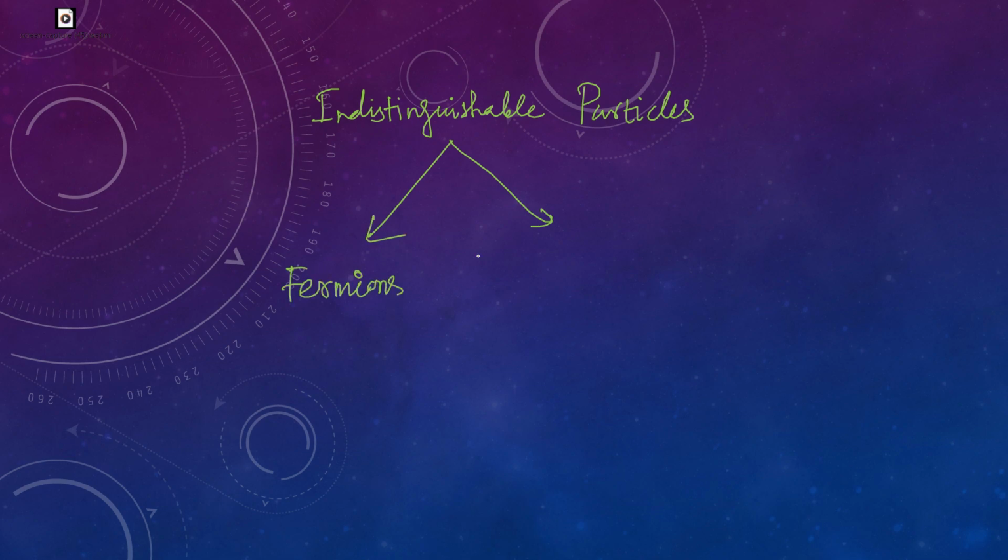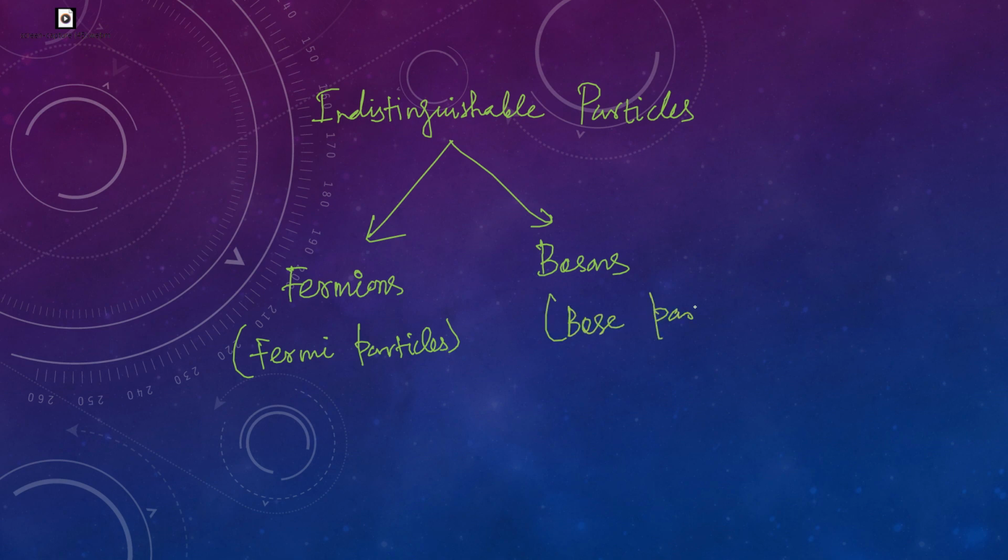Fermions are also called Fermi particles, and bosons are also called Bose particles. So we will write some differences between them. On the left side, let's write fermions, and on the right side, bosons.